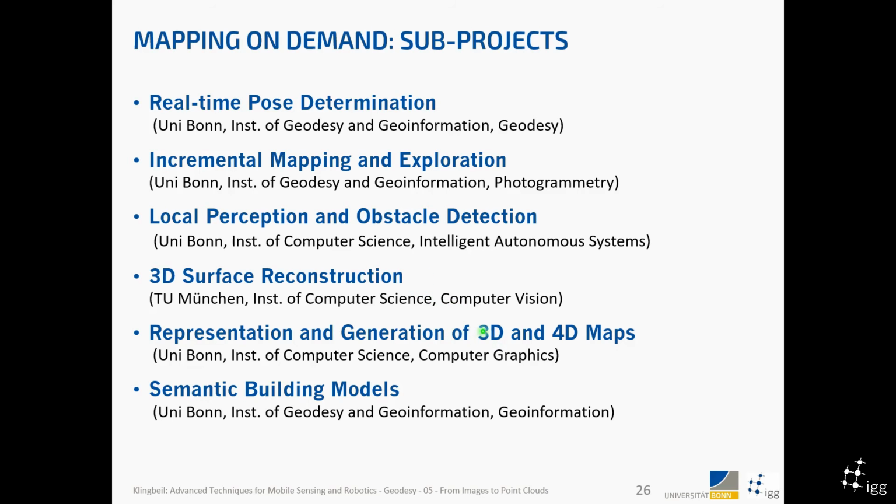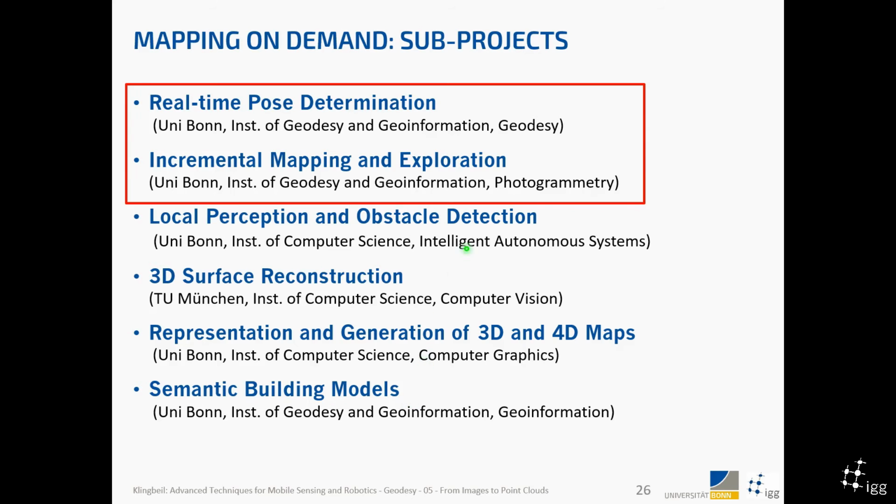The computer graphics department was responsible for generation and representation of 3D and 4D maps, and there was something about semantic building models because we wanted to interpret the results. I will focus on these two parts here because this is where we were involved.